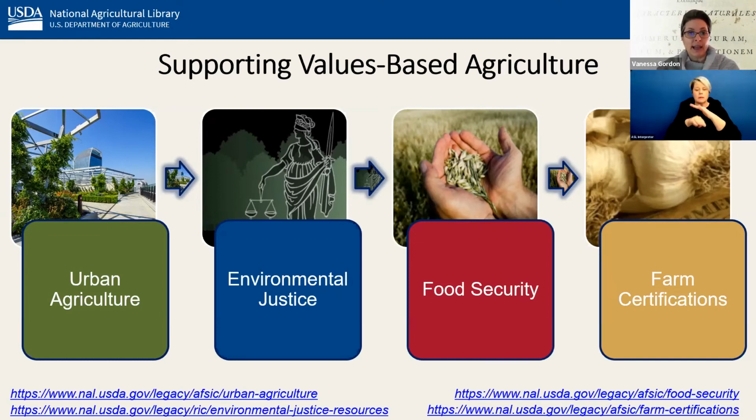So urban ag has experienced a significant boost in awareness in the USDA. The 2018 Farm Bill outlined a new USDA Office of Urban Agriculture and Innovative Production that has come to life really over the last 2 years.